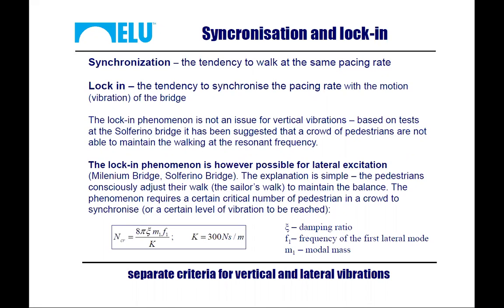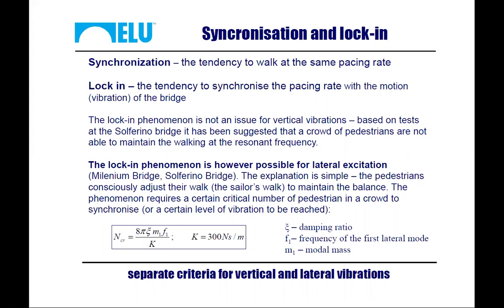The good thing is that the lock-in phenomenon is not an issue for vertical vibrations. And this conclusion is based on tests performed at a bridge in Italy, in a town called Solferino. And the results of that test suggested that a crowd of pedestrians are not really able to maintain the walking at the resonant frequency when the motion of the bridge becomes very strong.